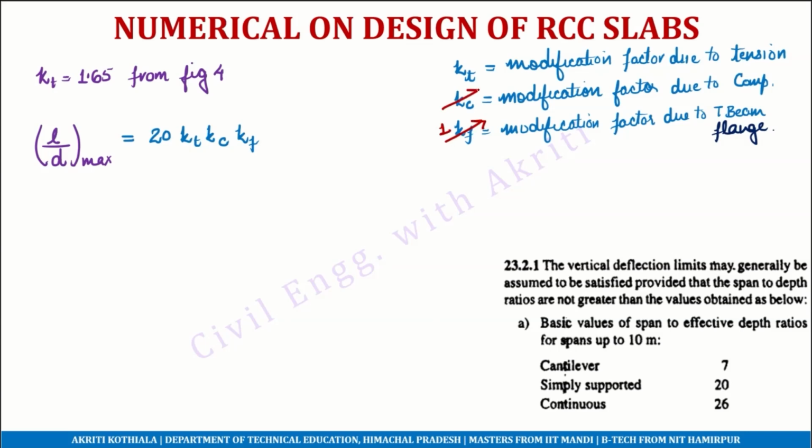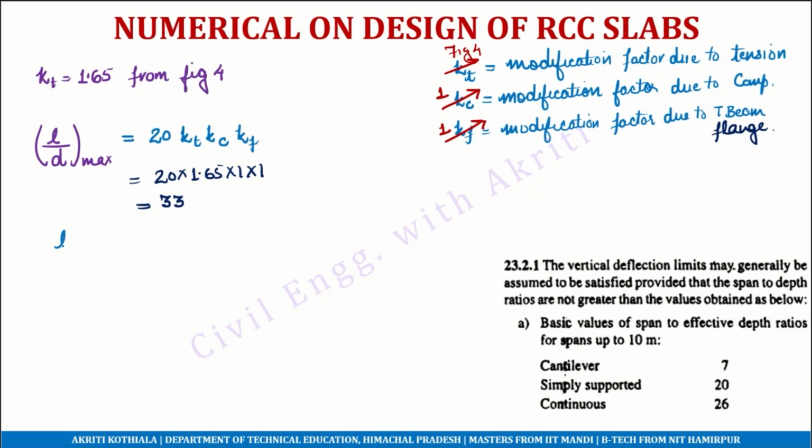We are not experiencing any compression force here, so again kc is equal to 1, and kt we have obtained from figure 4 in the previous slide. So we can substitute the values and obtain 20 into 1.65 into 1 into 1. This calculates to be equal to 33.